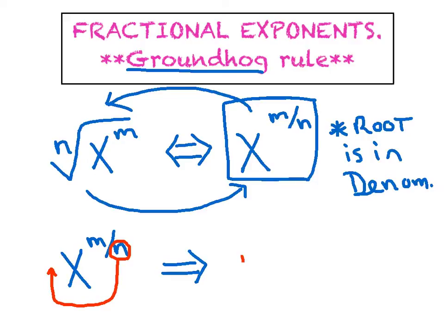And that n is going to pop up on the other side right there. And then we just have our x to the m power. So it's the n that does the traveling. You'll notice the m's never moving, the m's staying where you put it. It's the n that does the traveling. And so a lot of times I'm going to refer to it as the groundhog rule, and hopefully the silliest rules stick with us the longest. Let's get ready to go try a couple of examples.